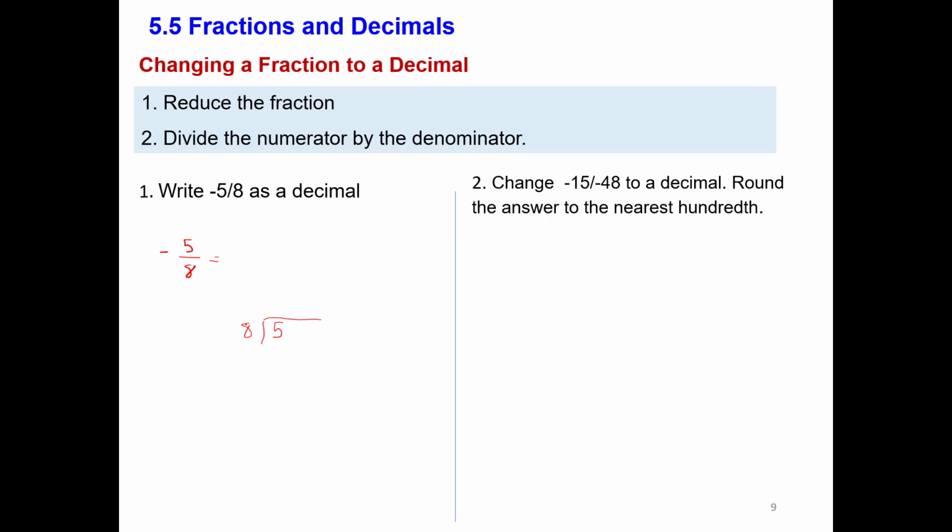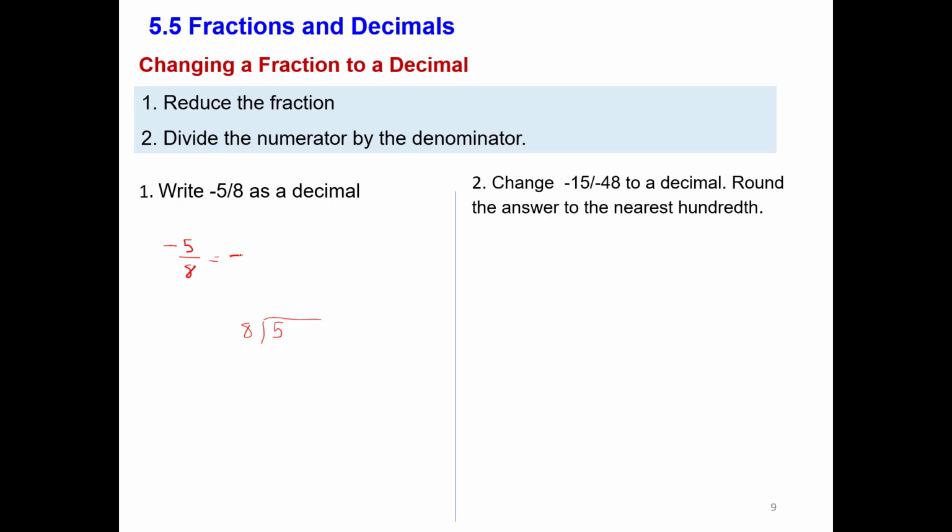Because the 5 is a negative number, this is a negative number. Negative divided by positive is equal to negative. Then we know this answer must be negative.